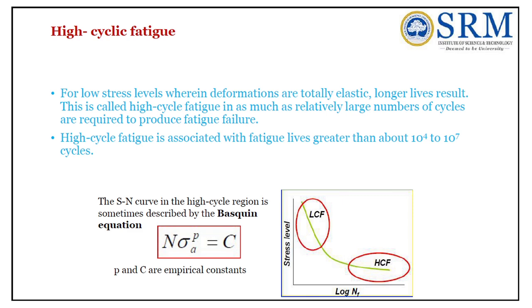The SN curve in the high cycle region is sometimes described by means of an equation called the Basquin equation, N sigma a power p is equal to C, where p and C are empirical constants. So high cycle fatigue is characterized by low stress and more number of cycles.